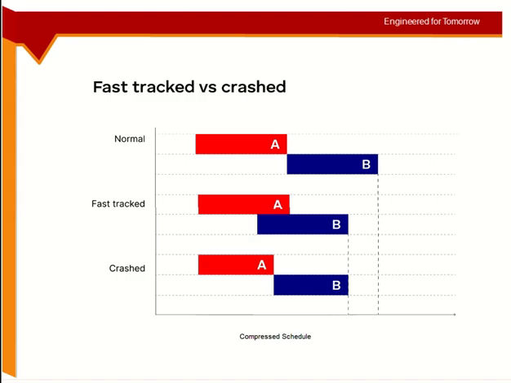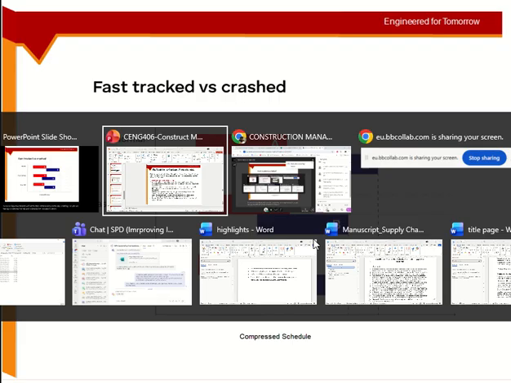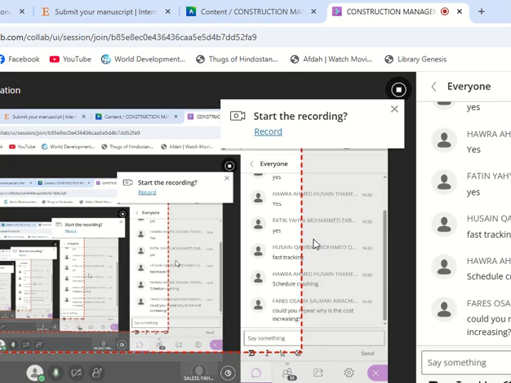Only crashing will have high direct cost and so on. So if you do hybrid, some days overlapping and some days crashing, you are having relatively low risk and relatively low increase in direct cost. Okay, so in the end we are just trying to summarize what we have already done.